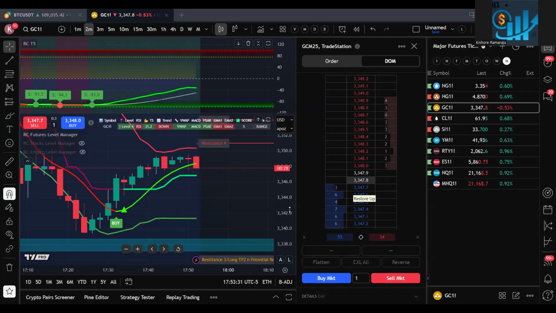I'm waiting for a sell signal on GC. If we get a sell signal, we'll see a nice drop again.